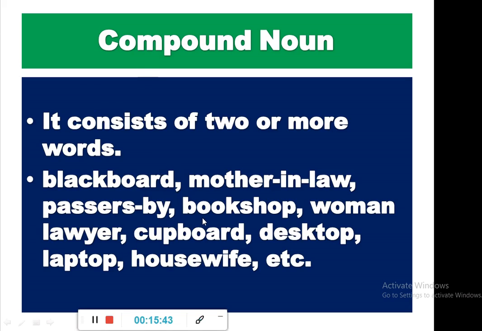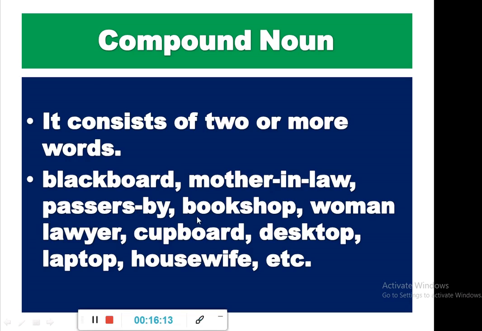We also have rules that govern the pluralization of compound nouns, and when we are going to look at rules of pluralization, we shall also be looking at the rules that govern the pluralization of nouns. For example, a passerby is one person, but here when we say passers-by, we have already pluralized passerby by adding s to the key word.